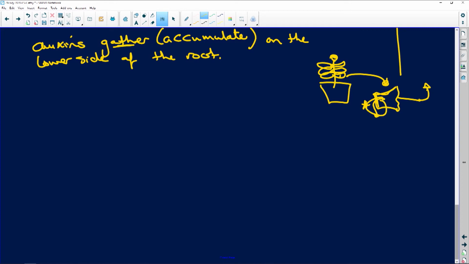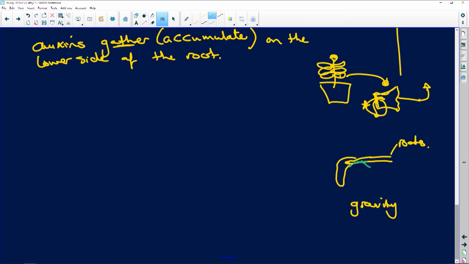Okay, so what's happening here? We've got our little root. Here's our little root. And now it's sitting like that. But here is gravity. And we know that roots, and that's the root tip sitting here, that root tip is going to grow down. Okay, what makes it turn down is the following. The auxins gather here. So let's do it in green. The auxins gather here on the lower side.